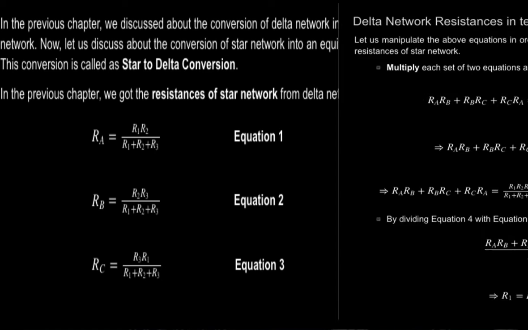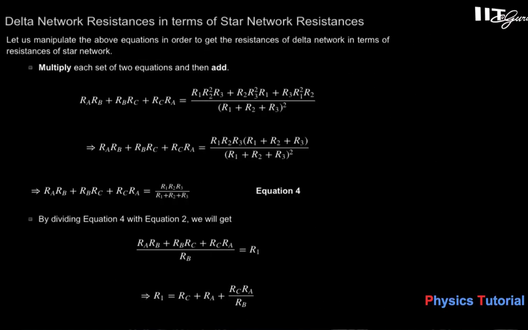Now here we need the delta network resistances in terms of the star network resistances. So let's manipulate the above equations in order to get the resistances of the delta network in terms of the resistances of the star network. Multiply each set of two equations and then add, right? So RA RB plus RB RC plus RC RA.